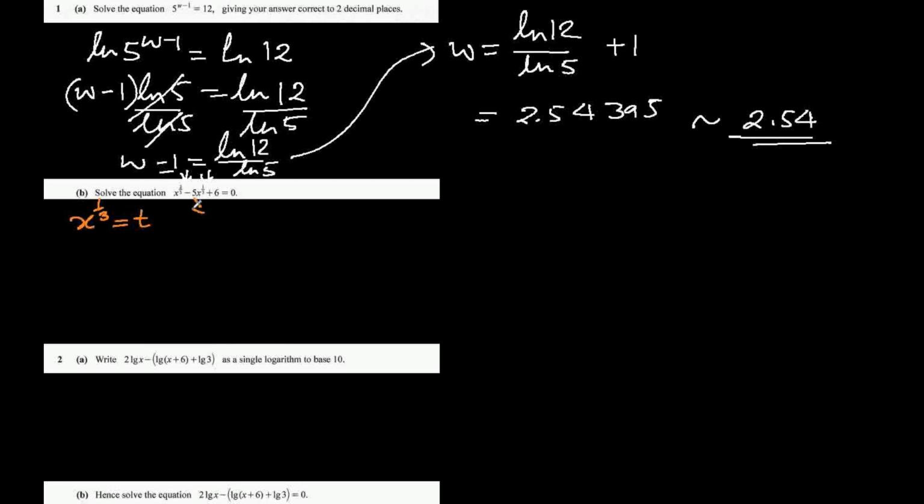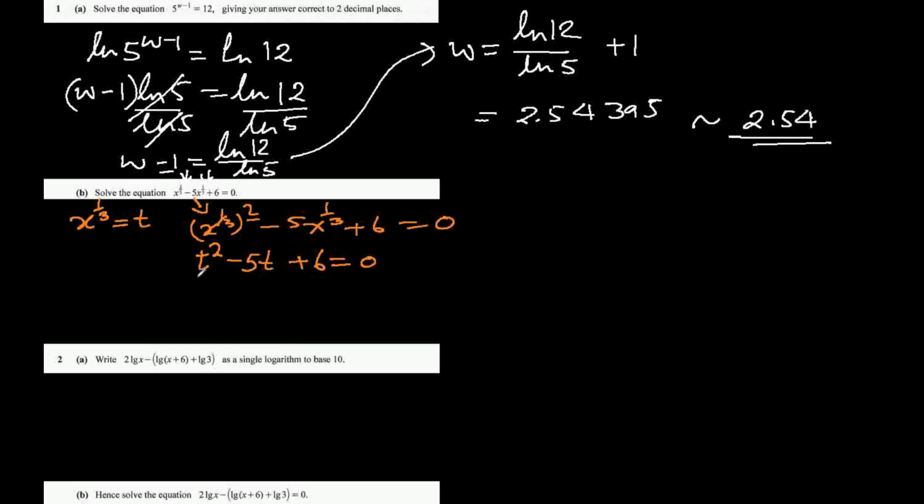So now this can be written as x to the power 1/3 to the power square, right? By the exponential law, 2 and 1/3 will multiply and we'll get 2/3 again, minus 5x to the power 1/3 plus 6 equals 0. So now we can write this as t squared minus 5t plus 6 equals 0.